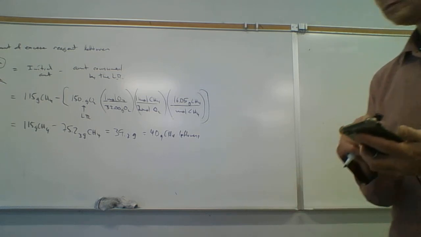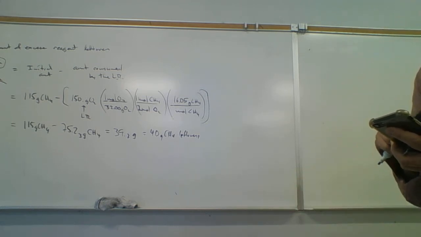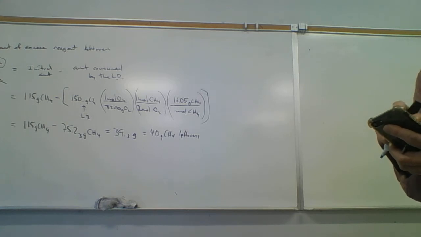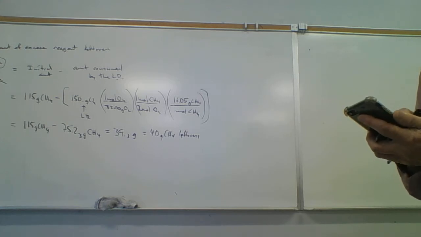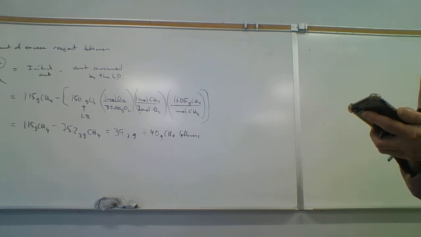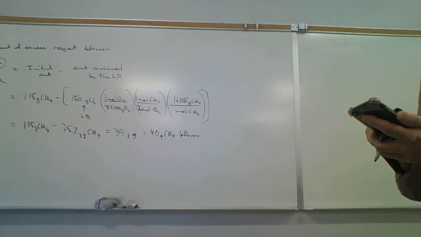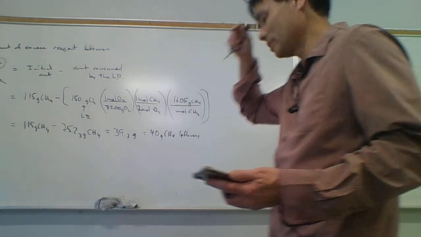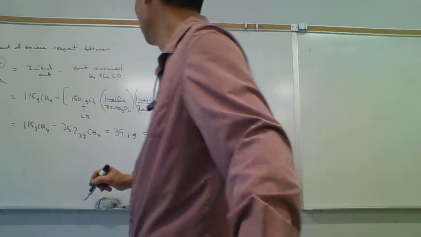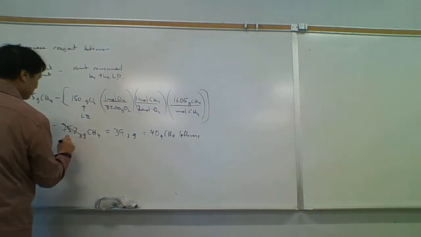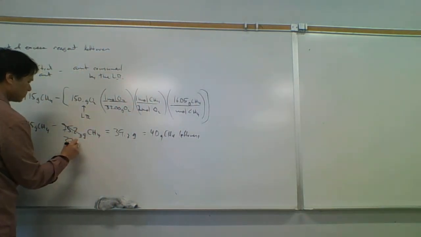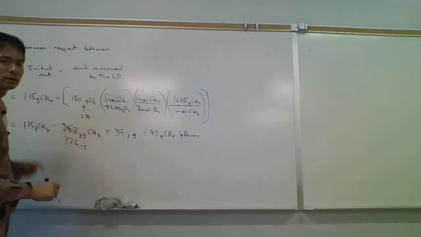And so let's do the calculation right now as a repeat here. It's going to be 150, actually it's just going to be divided by 2, so 150 divided by 32 divided by 2 times 1605. 37.61. Sorry, correct this.